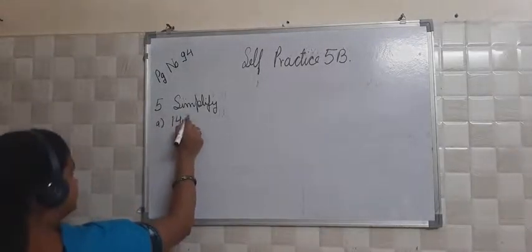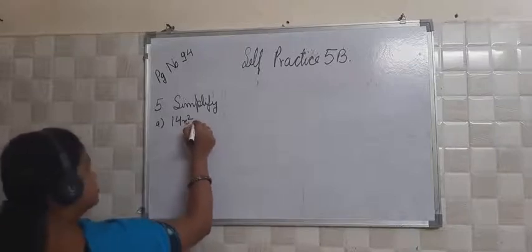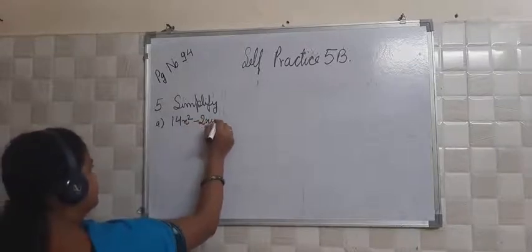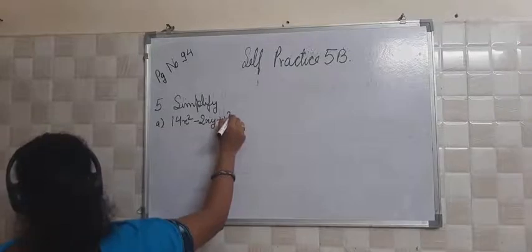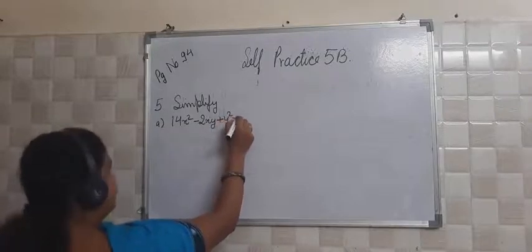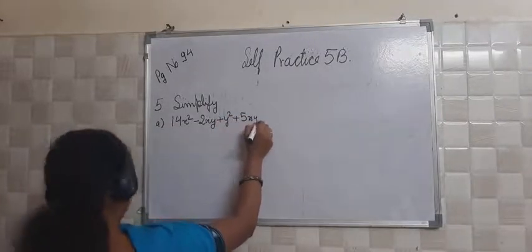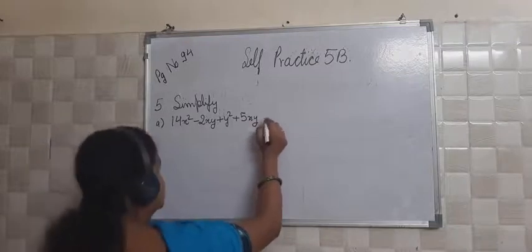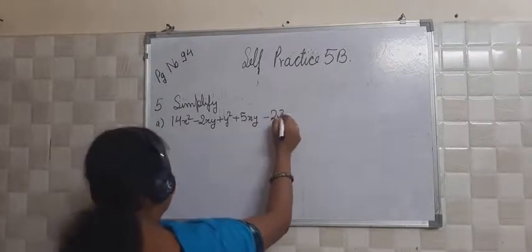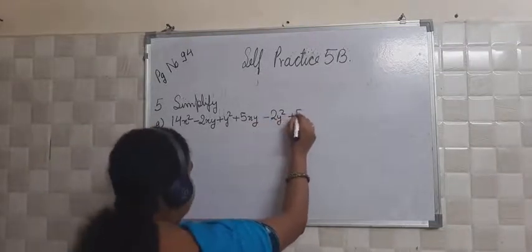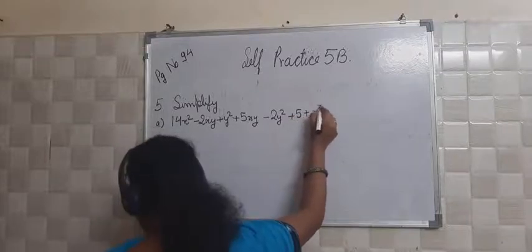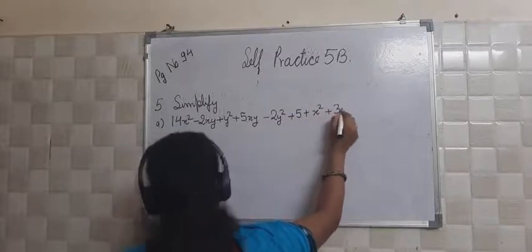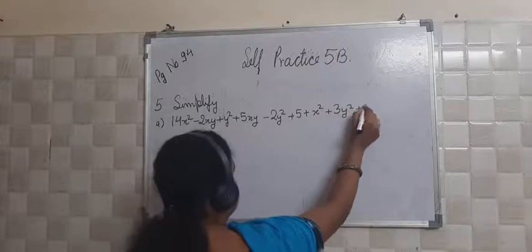14x square minus 2xy plus y square plus 5xy minus 2y square plus 5 plus x square plus 3y square plus 7.